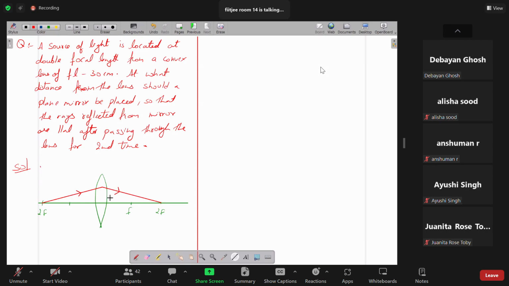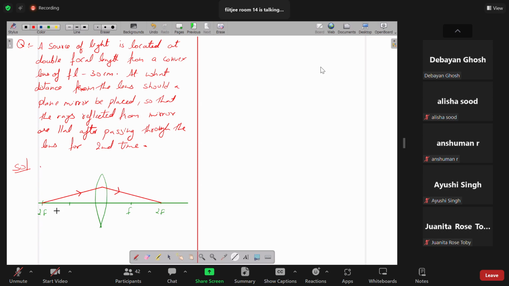But then they are saying that we have to place a plane mirror on the other side of the lens so that after reflection from this mirror, when the ray again passes through the lens, it will become parallel. Okay. So we know that rays after passing through the lens will become parallel only if the rays are passing through the focus of the lens.